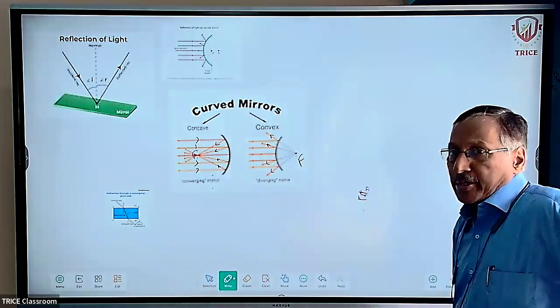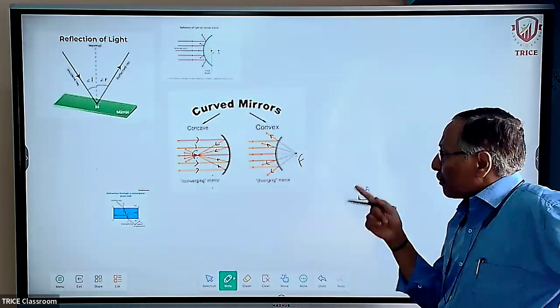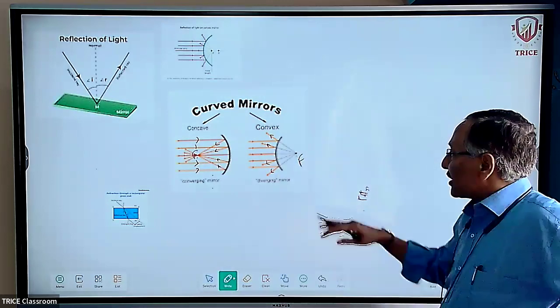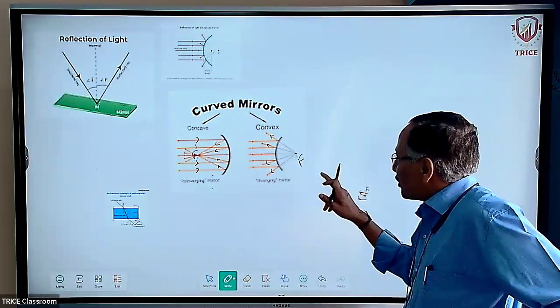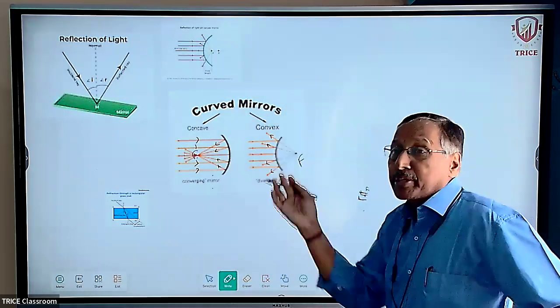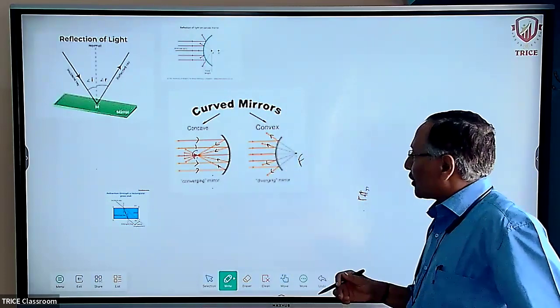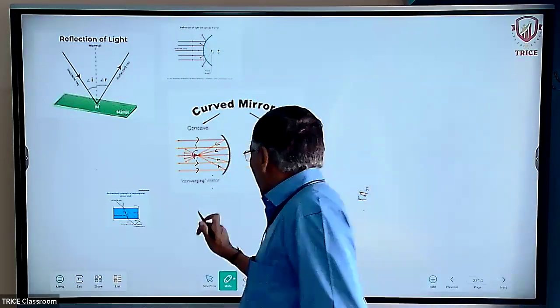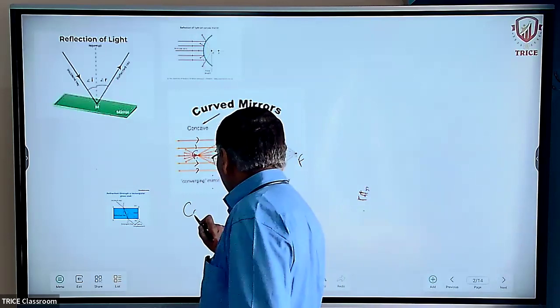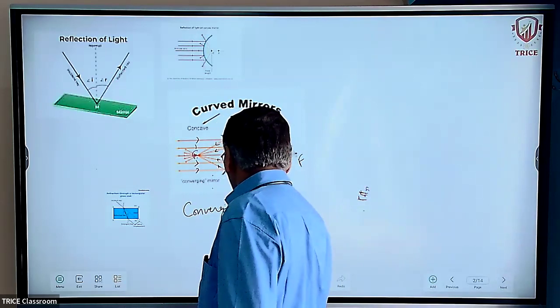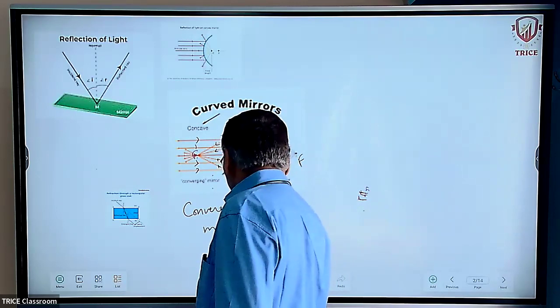That's the difference. In case of a concave mirror, principal focus is formed in front of the mirror, whereas in case of a convex mirror, principal focus is formed behind the mirror. This is called a converging mirror, where all the light rays converge.